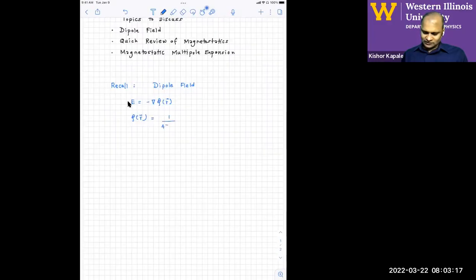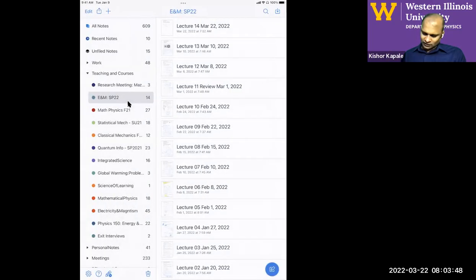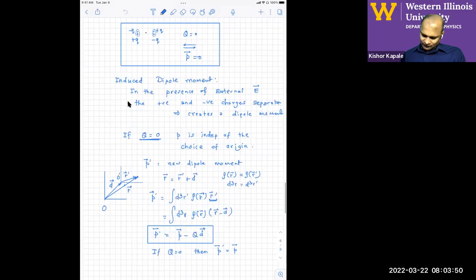It still has the same constant in front as you would write in Coulomb's law, but instead of rho over r, now it has the dipole moment dotted with the position coordinate of the point at which you're trying to find the scalar potential, divided by r cubed. And r is much, much less than some characteristic length, which is, let's say, the size of the charge distribution that we have.